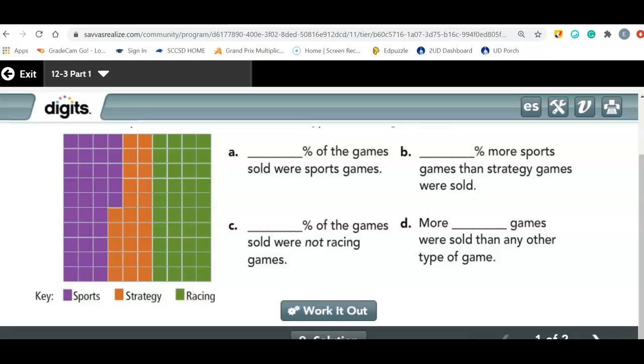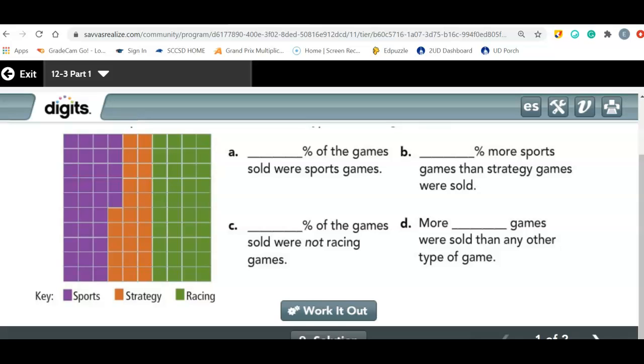C says, what percent of the games sold were not racing games? Perfect. 60%. 40% were racing games. And D, more blank games were sold than any other type of game. Racing games. Perfect.